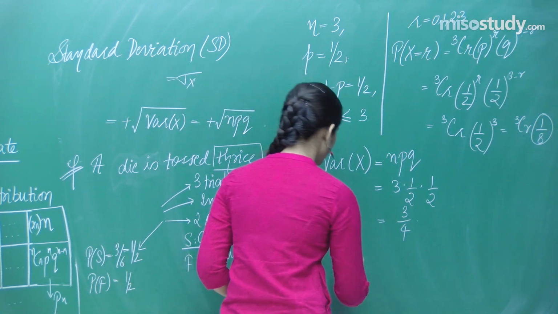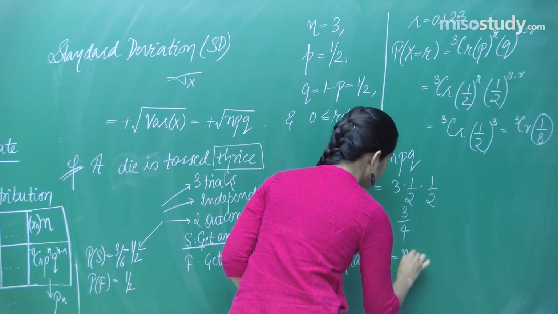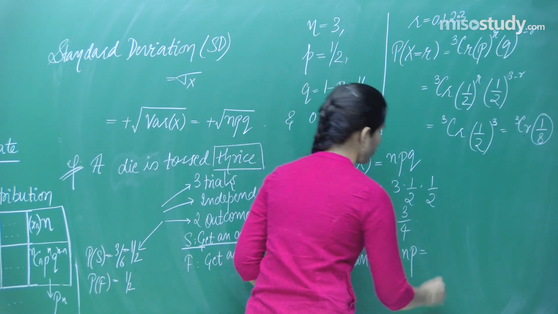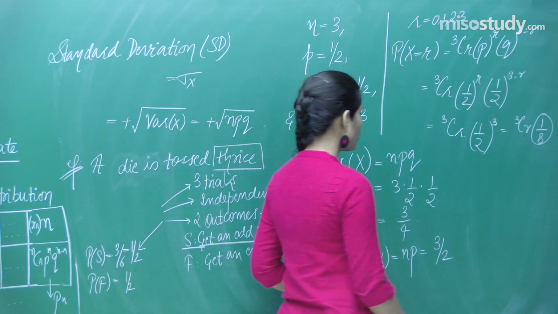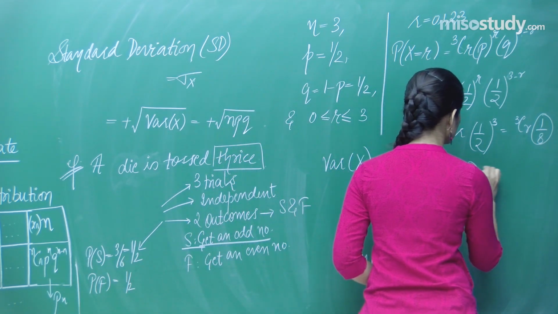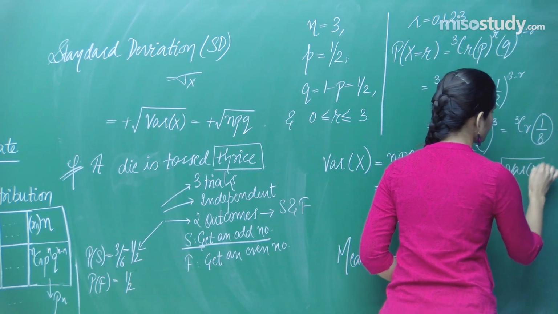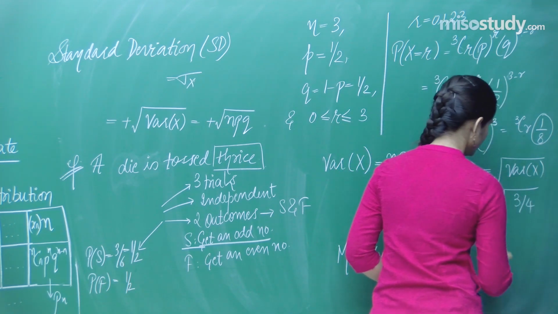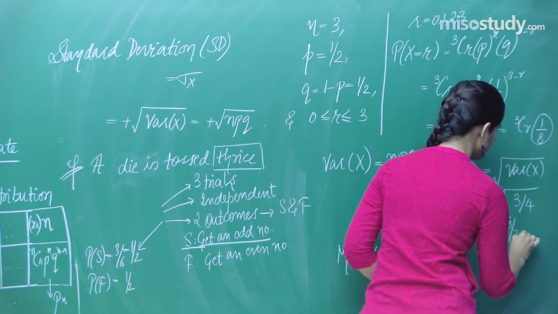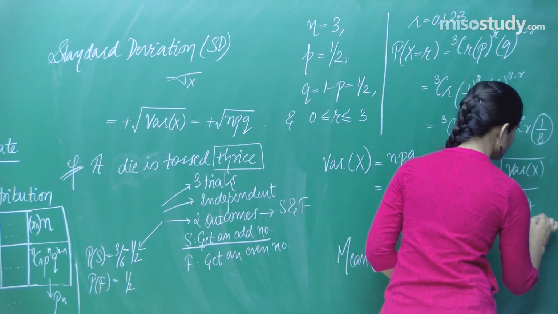Clear? What is the mean? Mean is n into p, which is 3 into 1 by 2, that is 3 by 2. And the standard deviation is the square root of the variance of x, which is the square root of 3 by 4, which is root 3 by 2. This comes out to be 0.87.